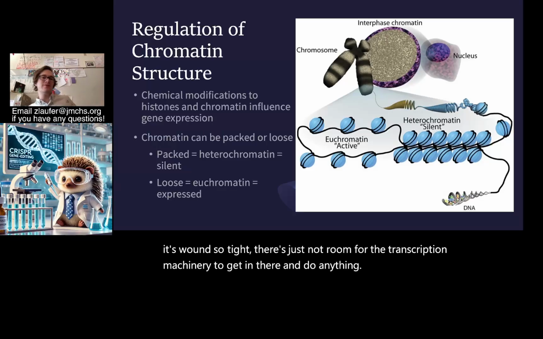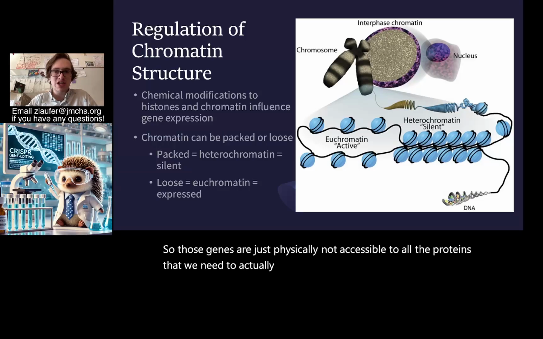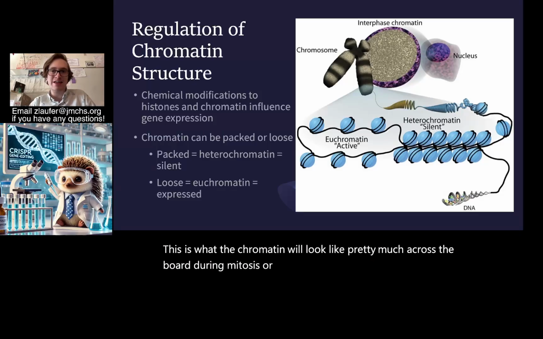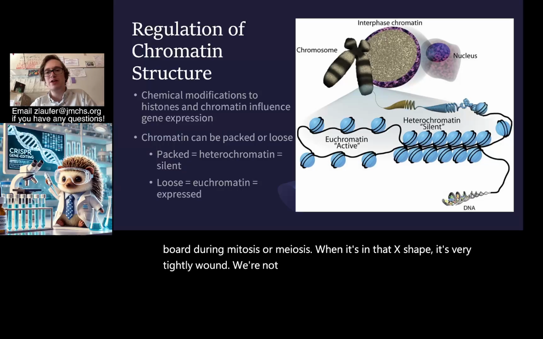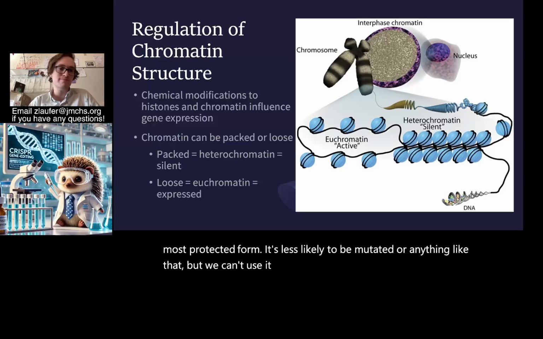So those genes are just physically not accessible to all the proteins that we need to actually make and transcribe those genes. This is what the chromatin will look like pretty much across the board during mitosis or meiosis when it's in that X shape. It's very tightly wound. We're not making any genes off of it. It's its most protected form. It's less likely to be mutated or anything like that, but we can't use it for anything either.